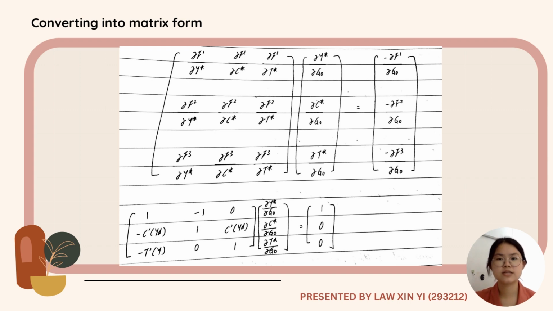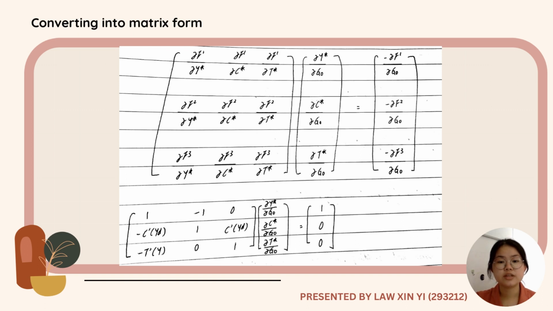Here we also get the partial of f1 over the partial of c* is equal to negative 1, since differentiating f1 with respect to c* gives negative 1. And the partial of f1 over the partial of t* is equal to 0 since t* doesn't appear in f1. And the derivative of negative f1 with respect to g gives 1.